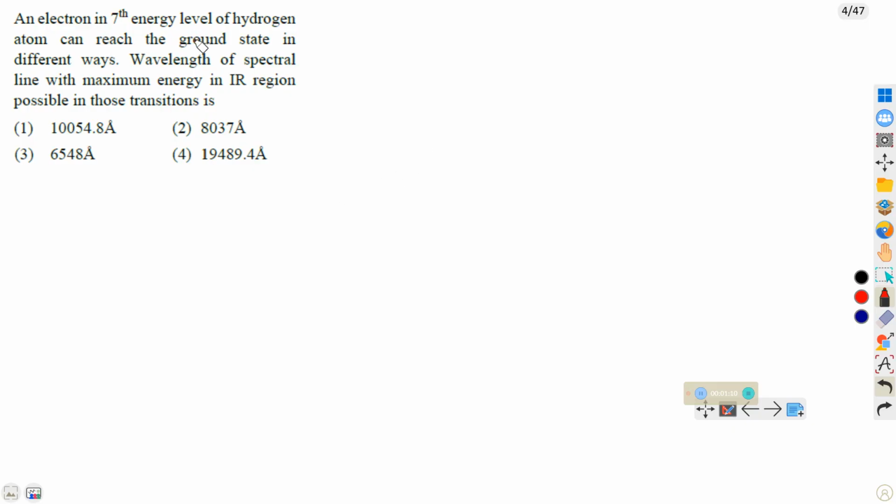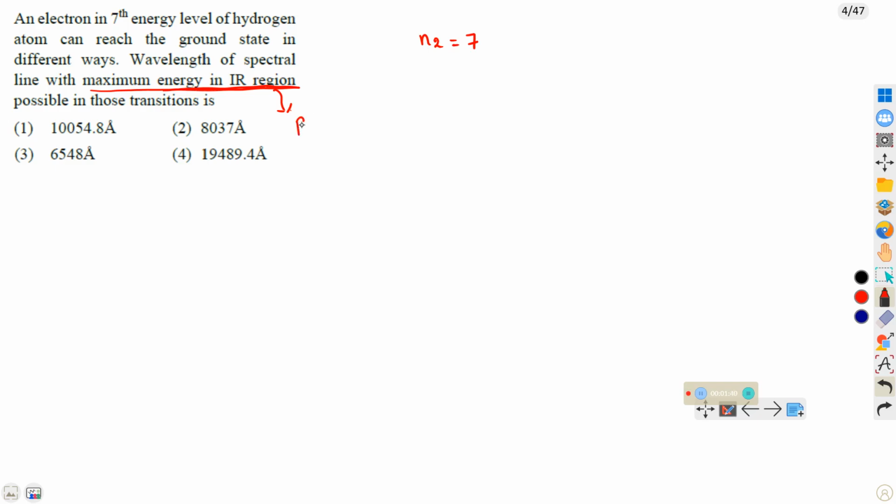An electron in the 7th energy level of hydrogen, n2 value is given as 7. The hydrogen atom can reach the ground state in different ways. Wavelength of the spectral line with maximum energy in the IR region.